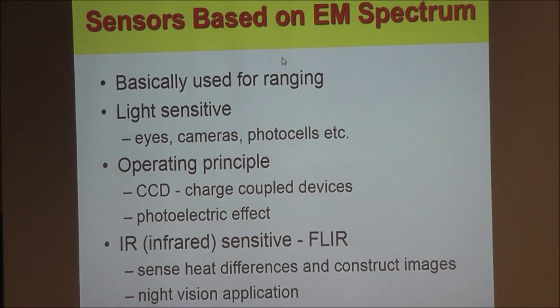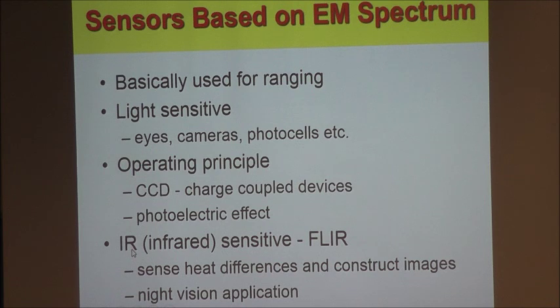So electromagnetic theory and spectrum analysis of those also allow a new wave of sensors which you can use. Some are light sensitive, like eyes or cameras or photo cells. Some are based on operational principles like charge coupled devices, CCD, or photoelectric effects.